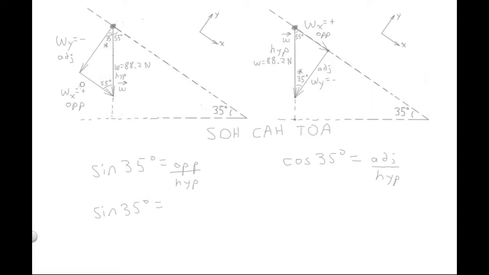The opposite side here would be represented by the magnitude of W sub x. The hypotenuse we've seen is the 88.2 newtons. The adjacent side here is the magnitude of W sub y.